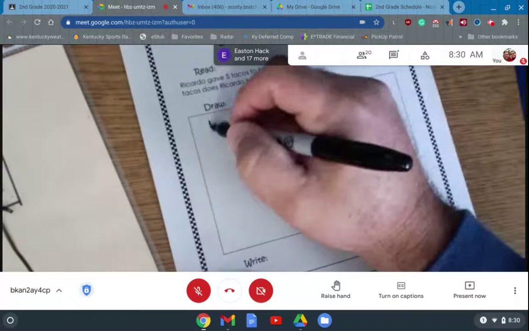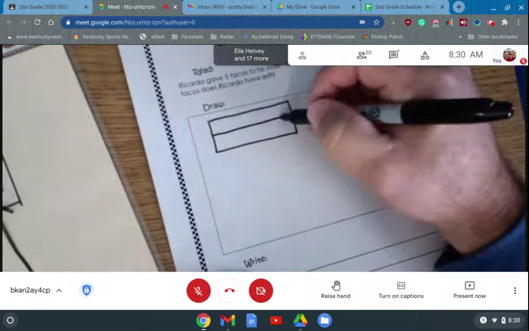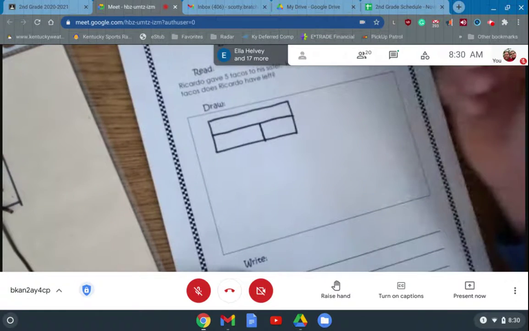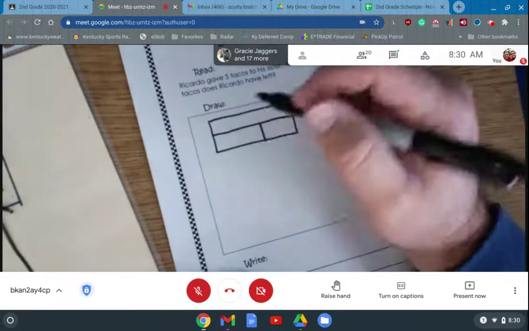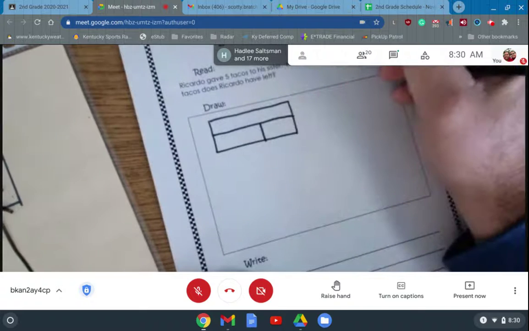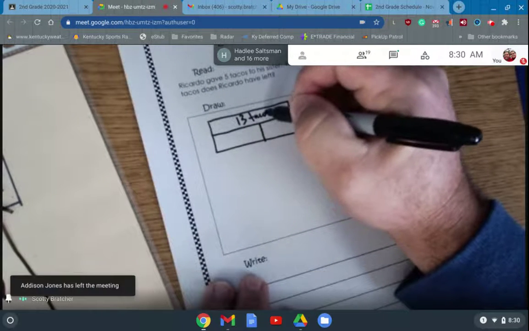We're going to draw our part-whole model. It's that simple. You saw me draw it. I'm going to say the total is 13, so I'm going to say 13 tacos.